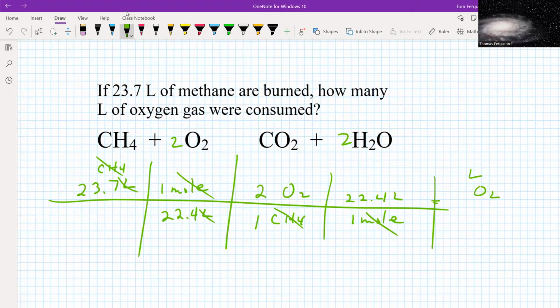It's a fraction, so those cancel. That's the same as 1. So really, all we need to do in this one is multiply two times 23.7. So that's what? 47.4 liters.